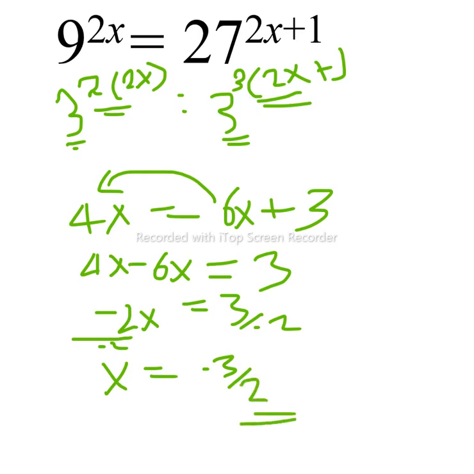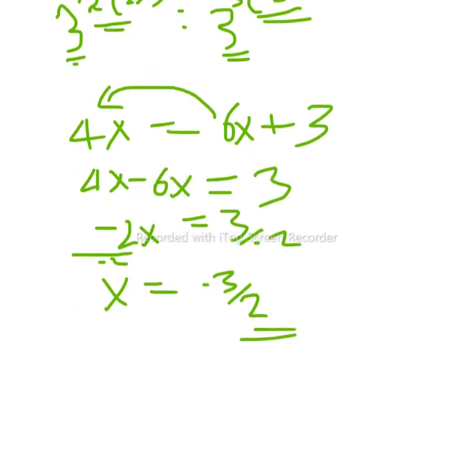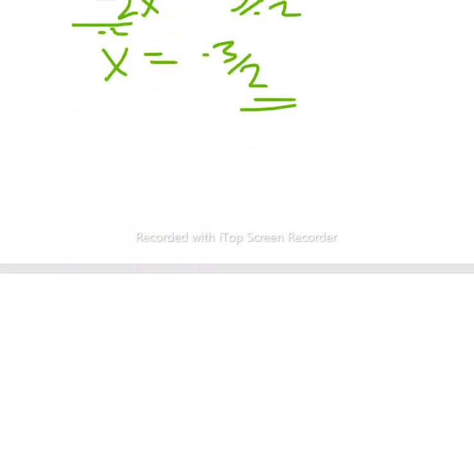So this is the solution for the value of x. To check if this answer is correct, you can substitute the value of x and check whether the left side and the right side of the equation are equal. So this is the final answer for the first equation.